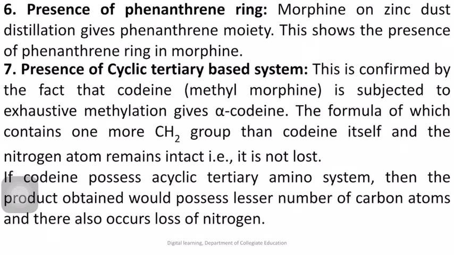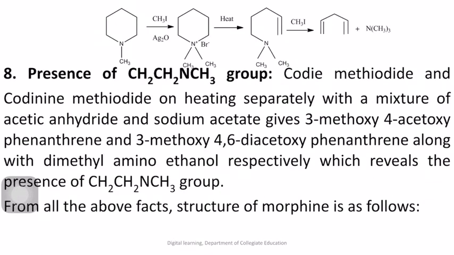The nitrogen atom remains intact, that is, it is not lost. If codeine possessed an acyclic tertiary amino system, then the product obtained would possess a smaller number of carbon atoms, and there would also be loss of nitrogen. As you can see in the equation here.